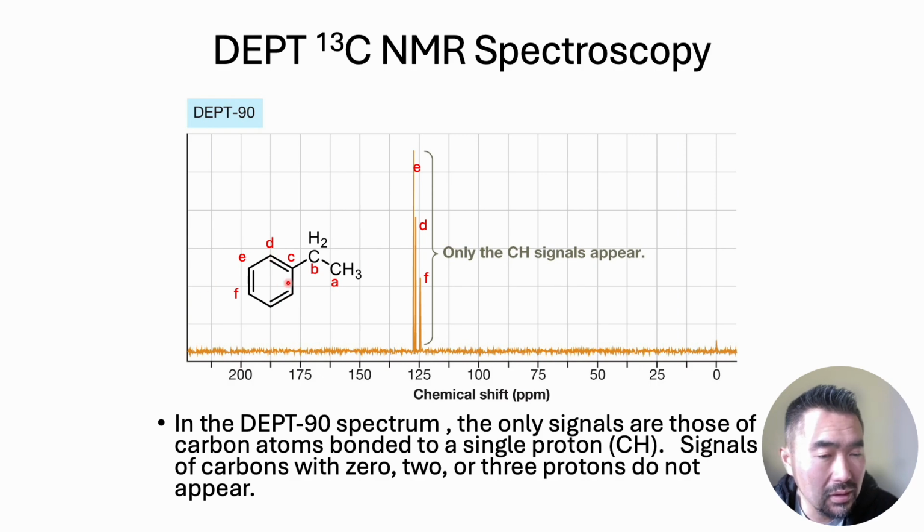There's 2 D carbons and 2 E carbons, so these should be about the same height, but they're a little different. Stuff like that happens in real life. F, understandably, is shorter because there's only 1 carbon coming from F. But these are all methines, which means CHs.